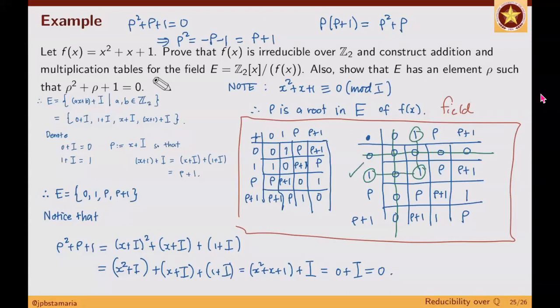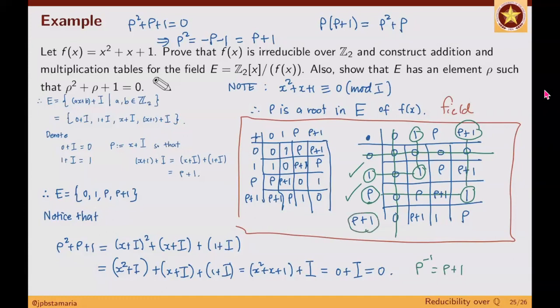So, check. Si rho, sinong multiplicative inverse? Kailan siya mag-1? Ayun, no? Nasagot, rho plus 1. Kaya dito, ang rho inverse ay rho plus 1. Do you understand? In this field, ang rho inverse ay rho plus 1.